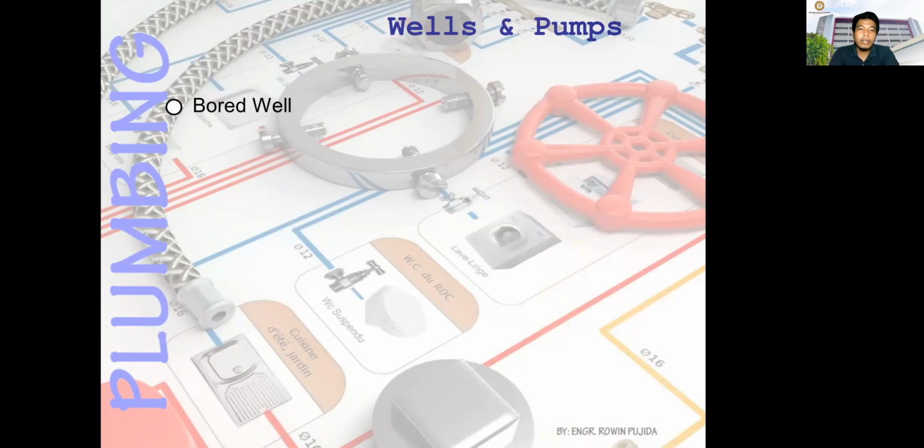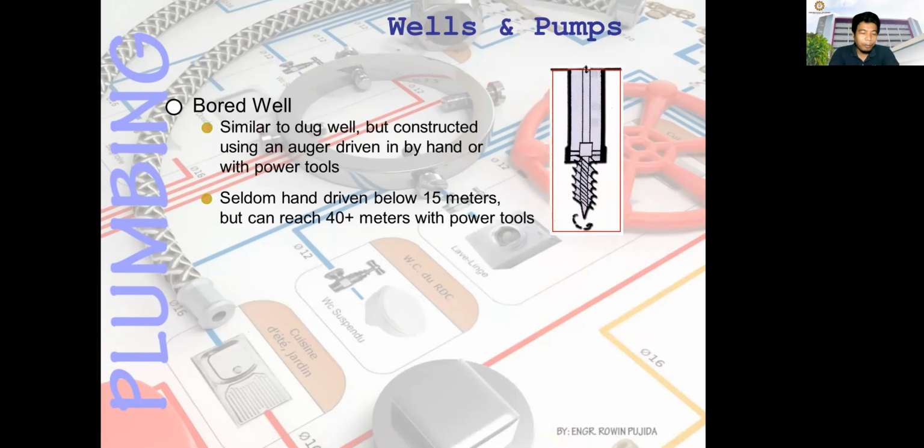Next, we have the bored well. So for the bored well, meaning excavation by the use of mechanical means, similar to dug well, but constructed using an auger driven by hand or with power tools.